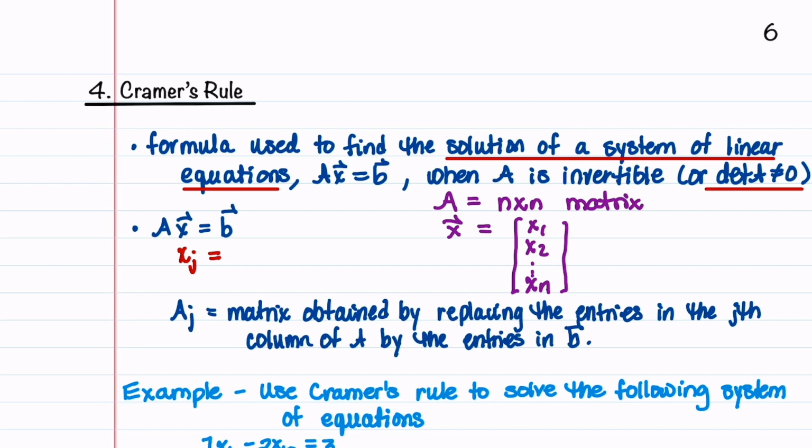What Cramer's rule tells us is that we can use determinants to find X1 all the way up through Xn. So instead of saying X1 through Xn, we're going to denote one of those X's by Xj, and Xj is equal to the determinant of what we call A sub j, that we'll talk about in just a minute, divided by the determinant of A.